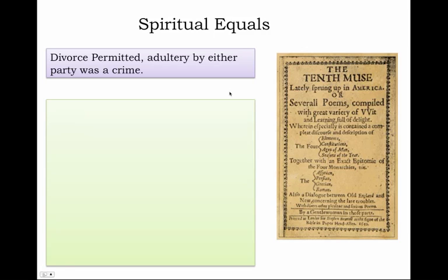Some have gone so far as to suggest that husband and wife, though separated in law by patriarchy, were in religious bounds, at least spiritual, equal. And this was also reflected in the laws. It was permissible, for example, in England, for a woman to divorce her husband if her husband had been found guilty of adultery or abandonment.